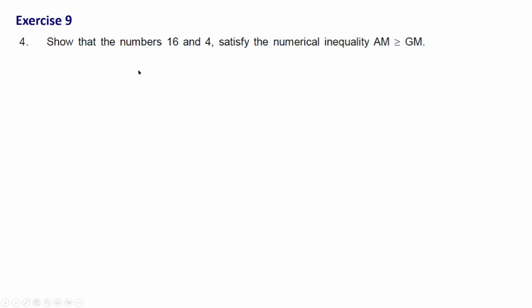Next question, show that the numbers 16 and 4 satisfy the numerical inequality arithmetic mean greater than geometric mean. So here A is 16 and B is 4. Arithmetic mean is (A plus B) by 2. So it is (16 plus 4) by 2, 20 by 2, which is 10.